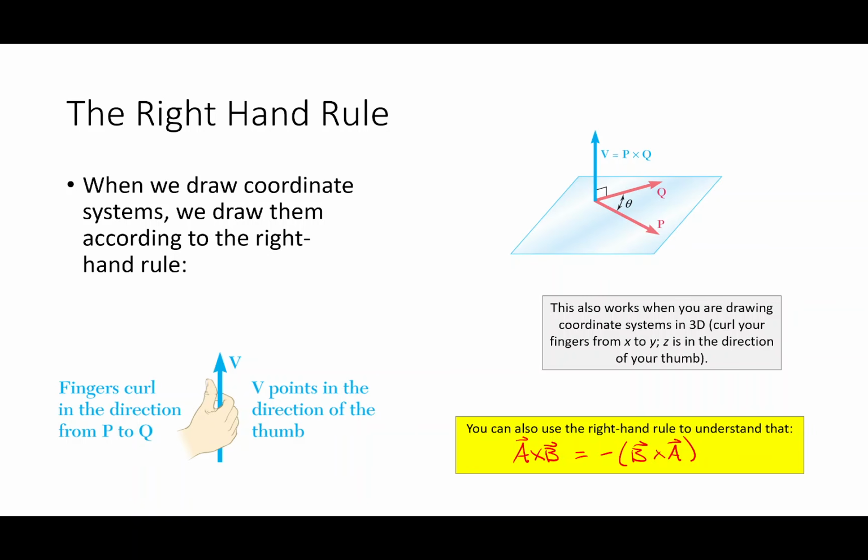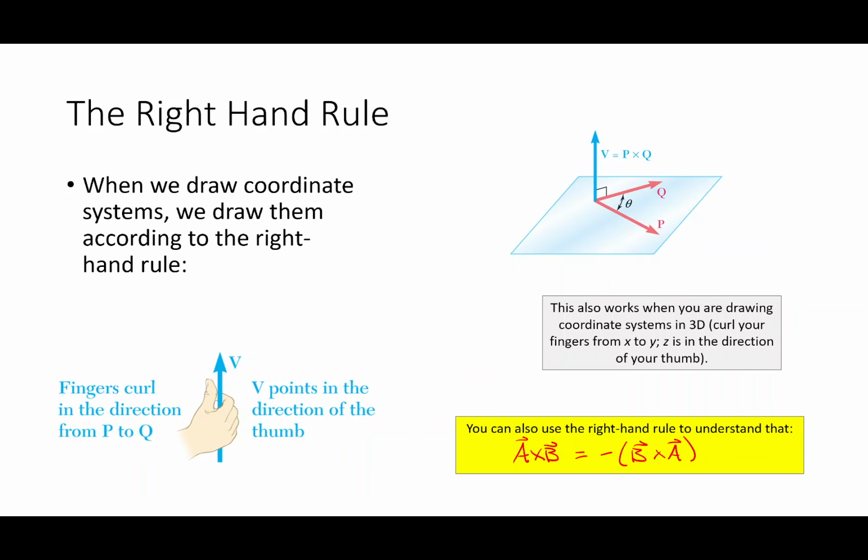Because if you change the order of multiplication, you're changing the order of the right-hand rule, and you're just flipping the directions. And what does a negative sign do to a vector? It just flips the direction on that same line of action. So I propose that if you flip the direction of the multiplication, you're flipping the sign of the product.